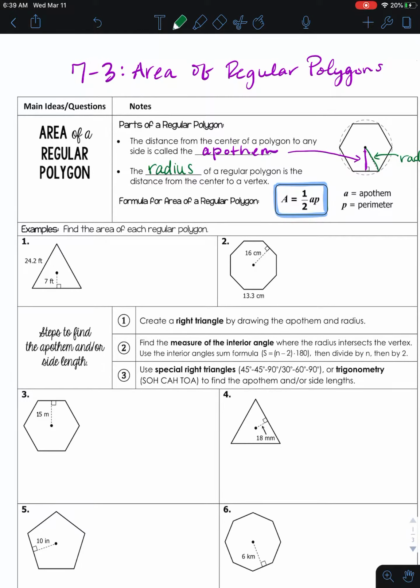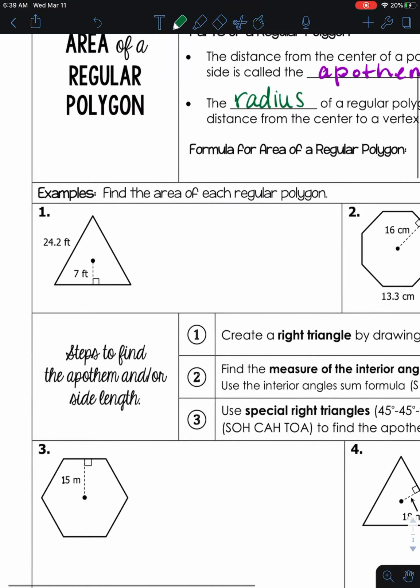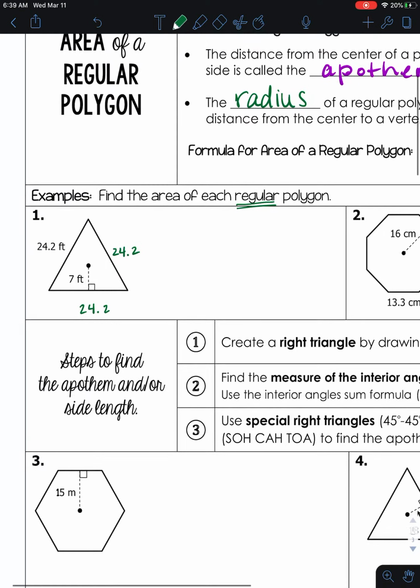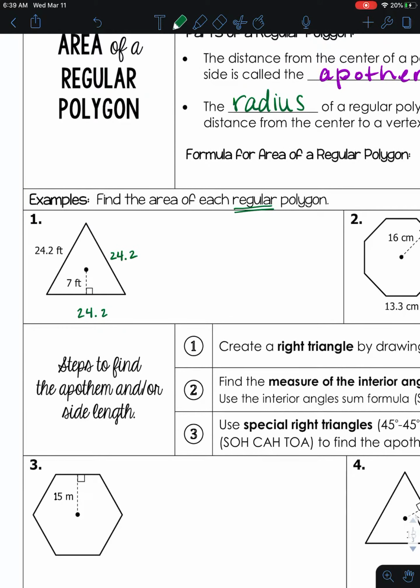Okay, so we'll start with some nice, basic, easy examples. Find the area of each regular polygon. So number one: if it tells me it's regular, remember that means it's equilateral. So all of these sides are 24.2, and the apothem is 7 feet.